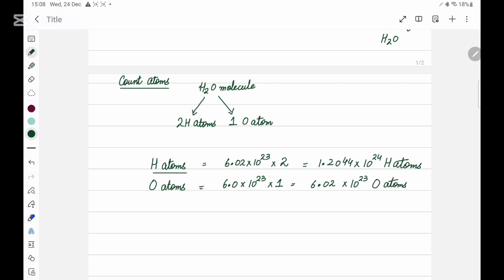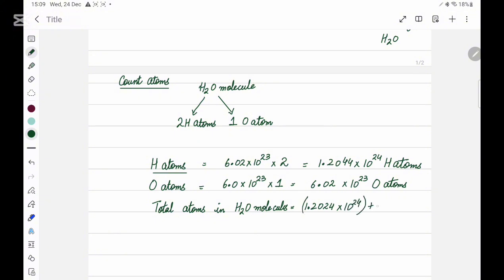And if they want us to find the total number of atoms in an H2O molecule, we are just going to add them. 1.2044 times 10 raised to power 24 is for hydrogen atoms.